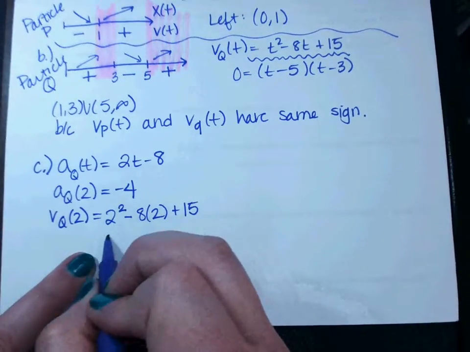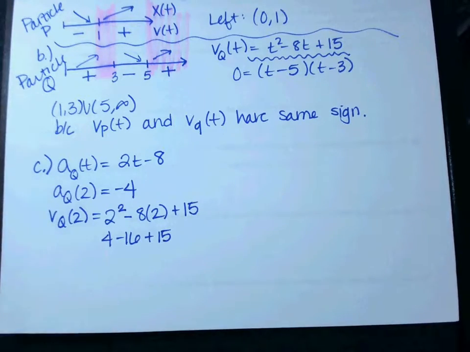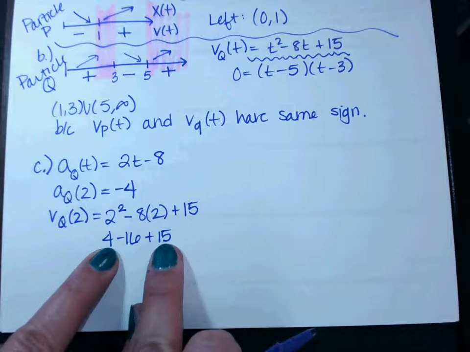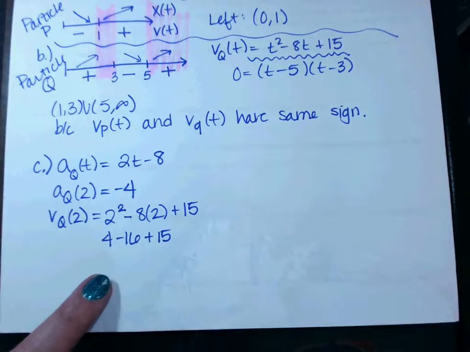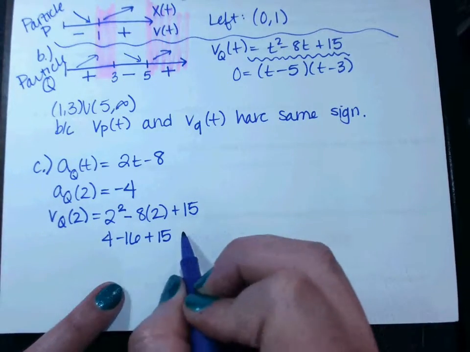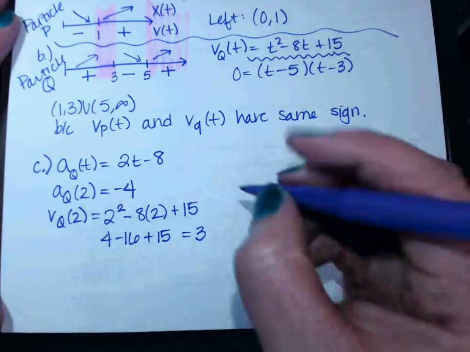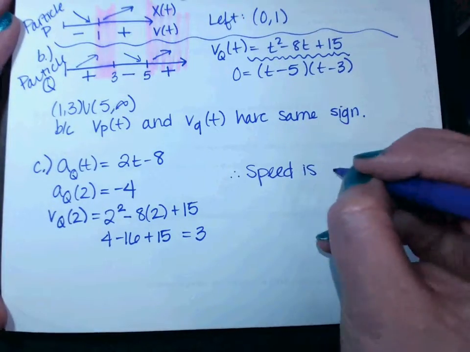So that'd be 4 minus 16 plus 15. What is 4 and 15 together? 19. Take away 16 is 3. So overall, did it come out positive or negative? Positive. And if one of them's negative and the other one's positive, what's your conclusion? Very good. Therefore, speed is decreasing.